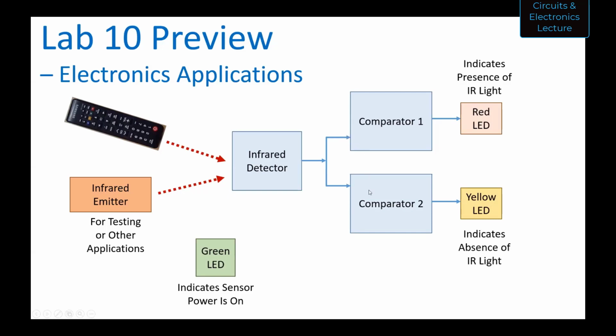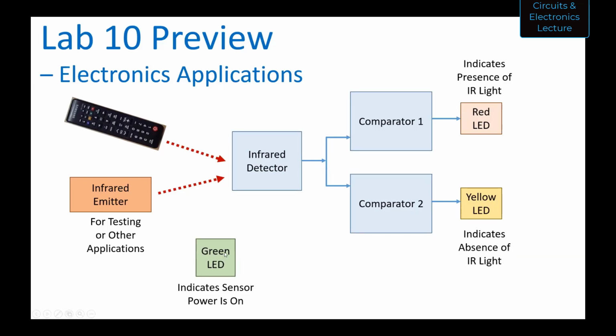And then you're going to have two comparators, and their job is to indicate, using an LED, the presence of infrared light with a red LED, and I'll say the absence of infrared light with a yellow LED. So when there's infrared light present at the detector, the red light will light up. When there's no infrared light present, the yellow LED will light up, just to show you that the circuit is active and it's doing what it's supposed to be doing.